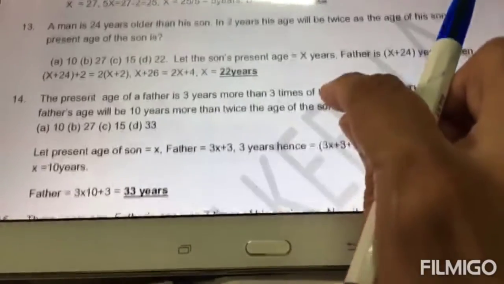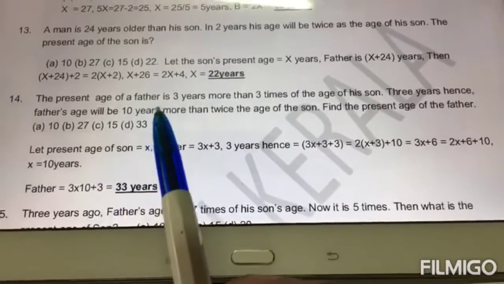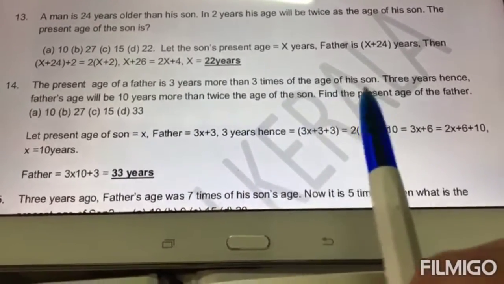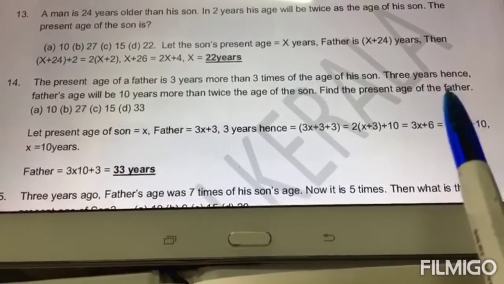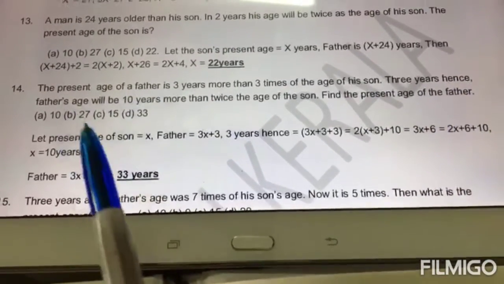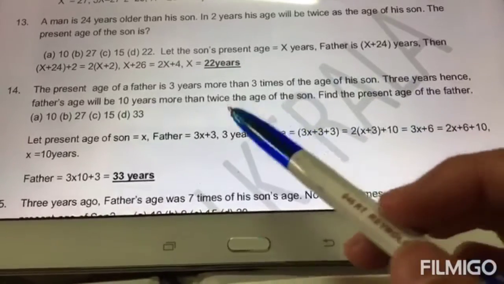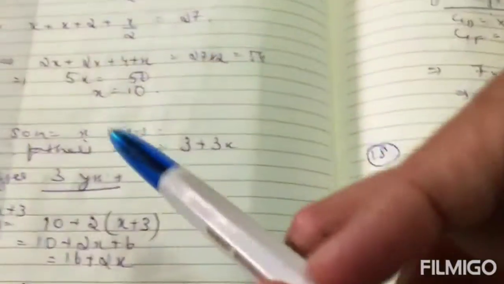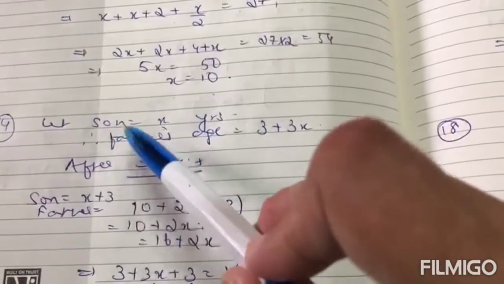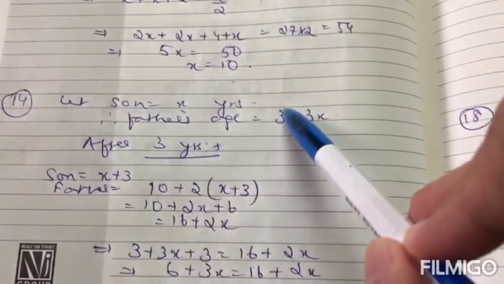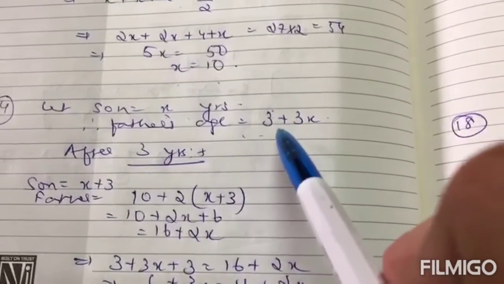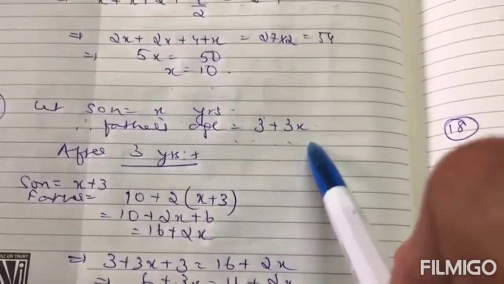Let's do number 14. The present age of a father is 3 years more than 3 times the age of his son. 3 years hence, that is 3 years later, father's age will be 10 years more than twice the age of the son. Find the present age of the father. So let the present age of the son be equal to X years. Therefore, father's age is 3 years more than 3 times the age of the son.